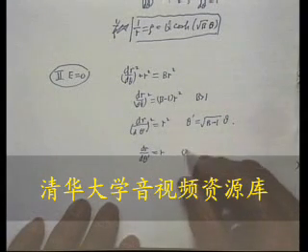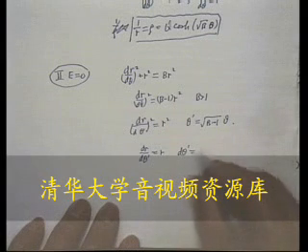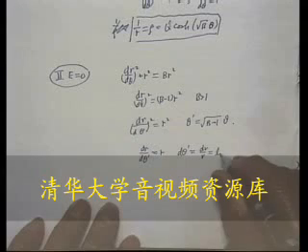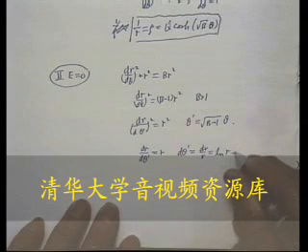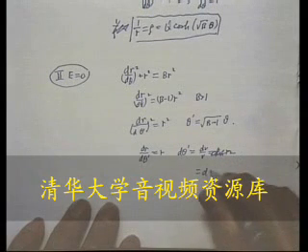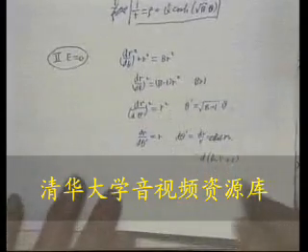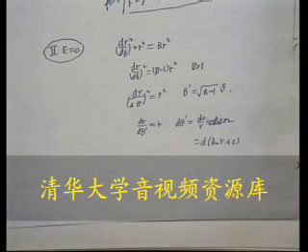So d theta prime is equal to dr over r, which is equal to d log of r plus a constant. This is a natural logarithm, that means logarithm with respect to e.